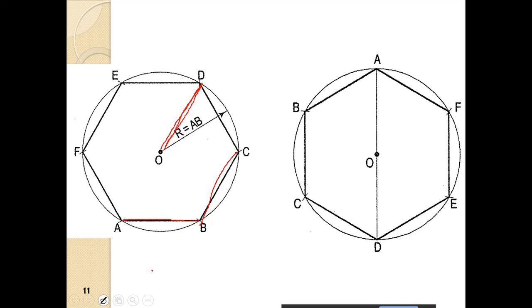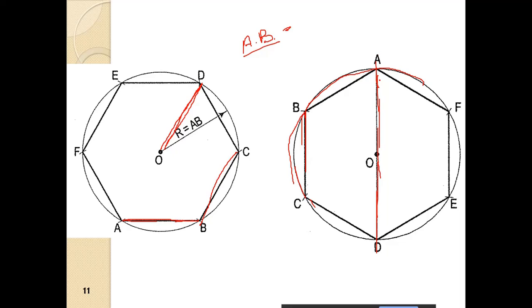So AB is given. Suppose the edge of this hexagon is given. You take AB and first of all draw the circle. Right, this is the first step. Then you decide in what direction you want the hexagon to be drawn.